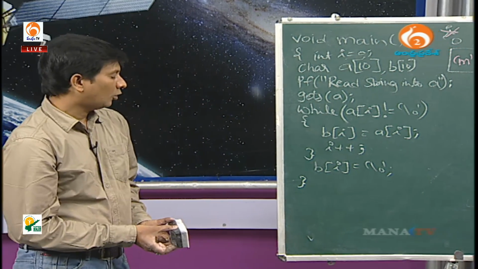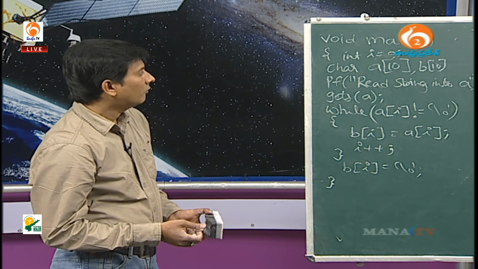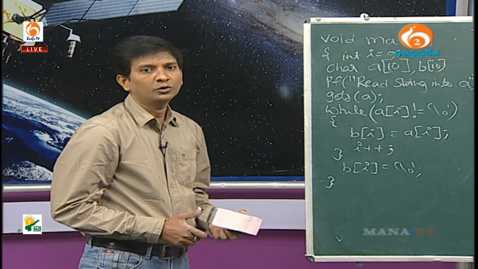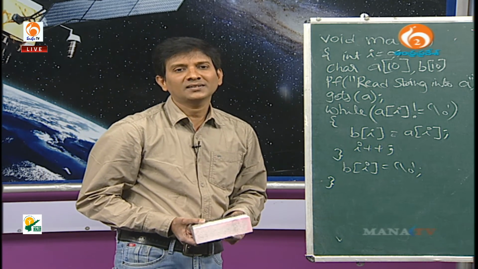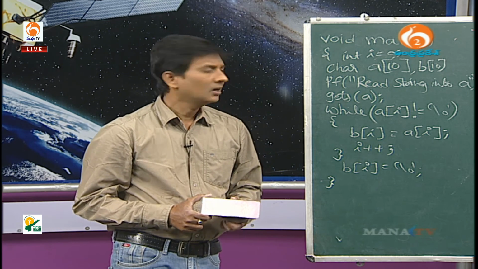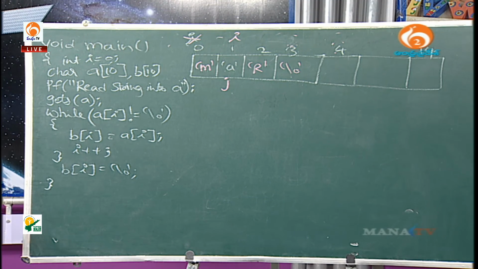Okay, this is the logic for copying one string into another string, simple logic, without using the string handling function, that is strcpy. So, for that reason we are using this logic. Now, we will see how it will work.